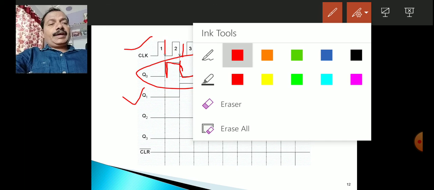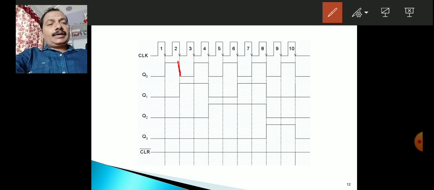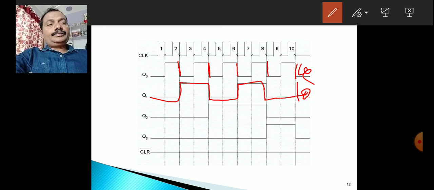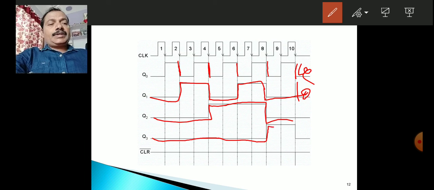Hence, for every negative edge of Q0, Q1 will toggle. Next, Q1 is the clock for Q2, hence it will toggle on the negative edge. Q3 takes Q2 as its clock pulse, hence it will toggle on the negative edge, and like this.